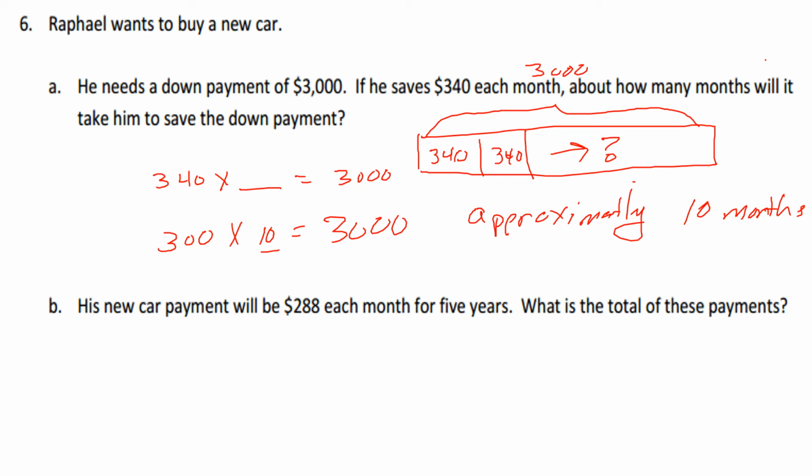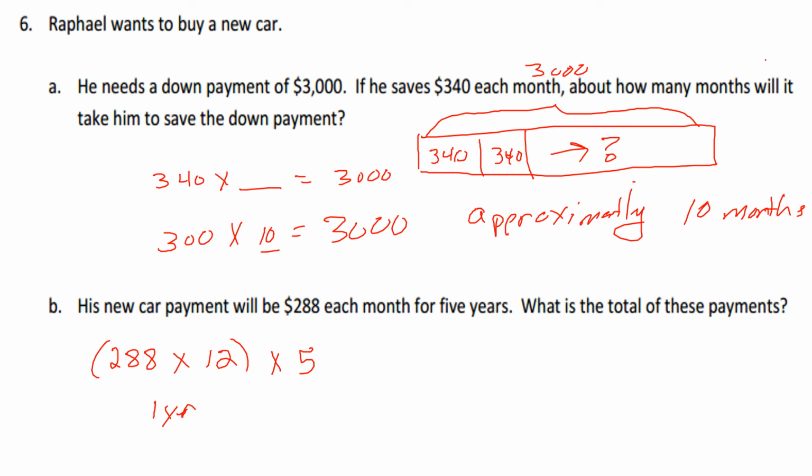On B, his new car payment will be $288 each month for 5 years. What is the total of these payments? Now, there's two ways of doing this. The first one, if I take 288 times 12, that would give me 1 year, and then I'd have to multiply that by 5.